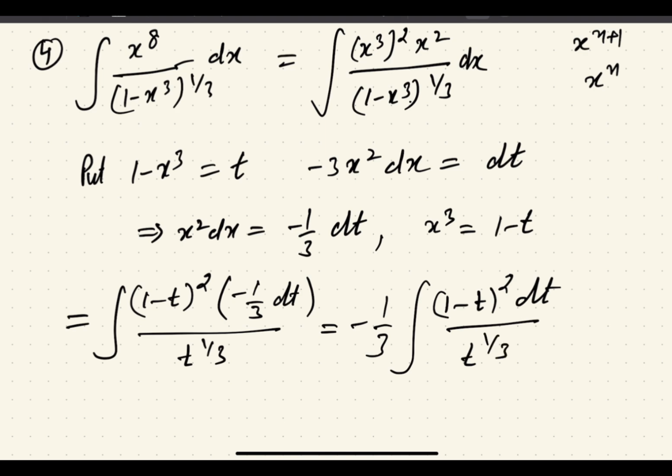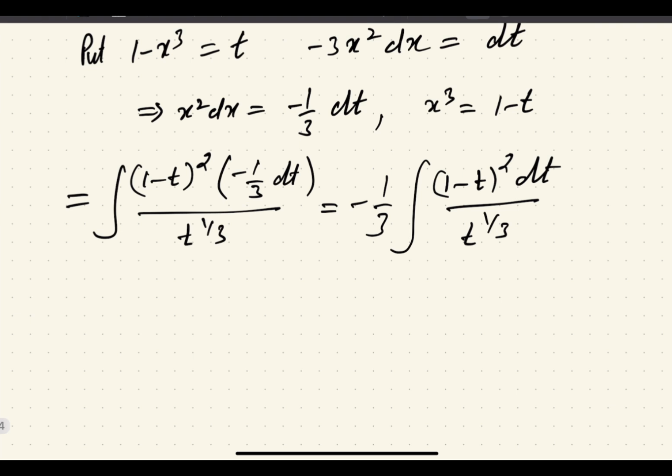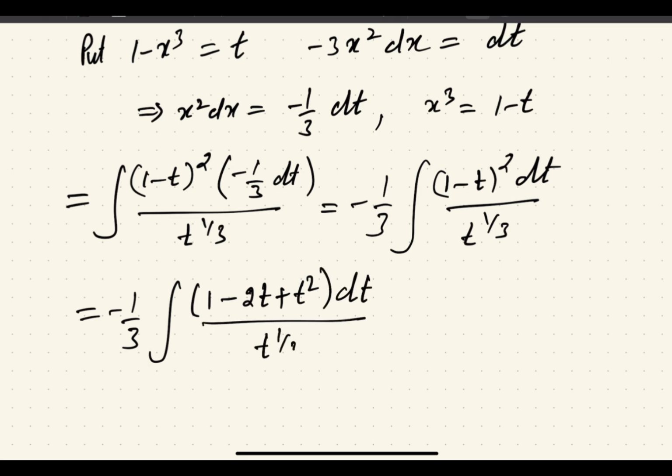This (1 minus t) into (1 minus t) we always expand, as I said in my previous video. You always expand that one, we change the numerator's product into addition. And then I will do this: 1 minus 2t plus t square and dt over t to the power 1 over 3.